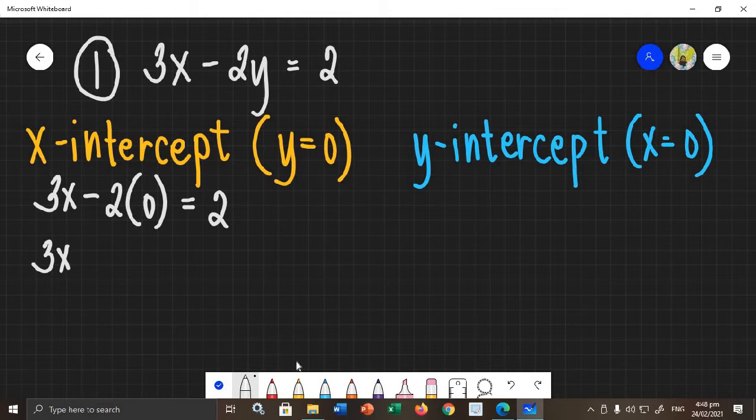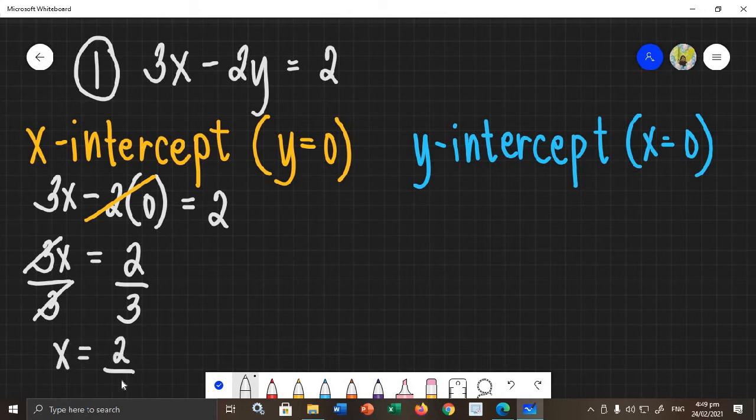Then, multiply natin si negative 2 times 0. It will be all equal to 0. So, para hindi na masyadong maging mahaba yung solution mo, you can just cancel this out. Okay? Kasi 0 lang naman din yung lalabas. Now, we have 3x equals 2. For us to get rid of 3, we need to divide both sides of the equation by 3. So, the value of x is 2/3.